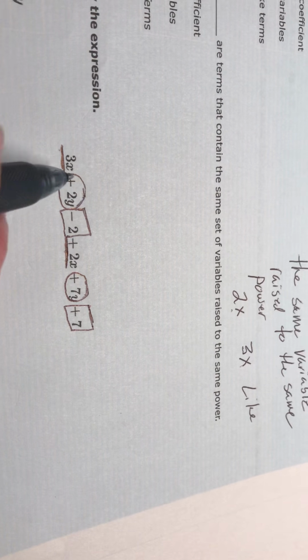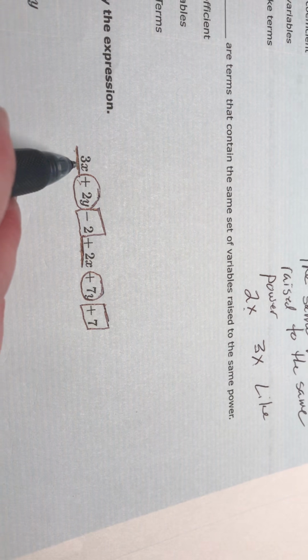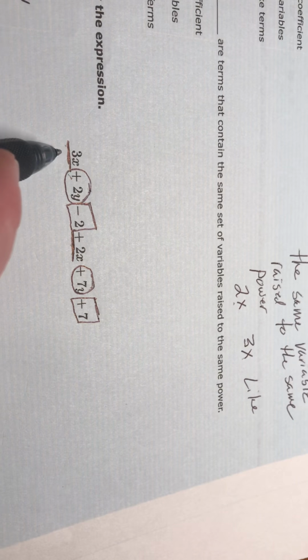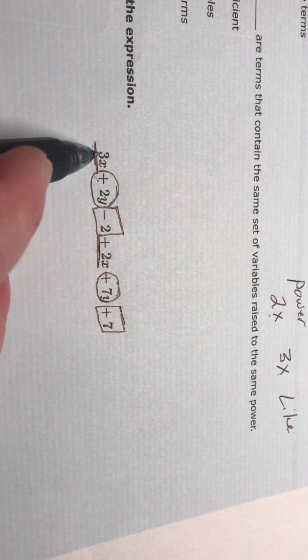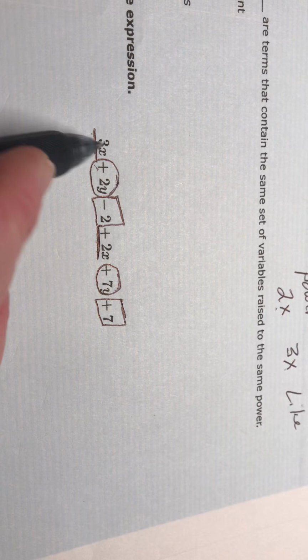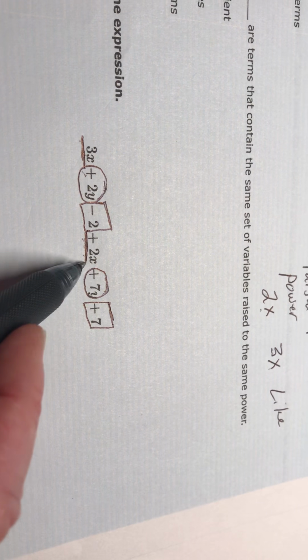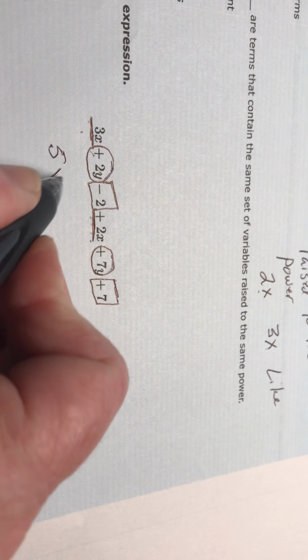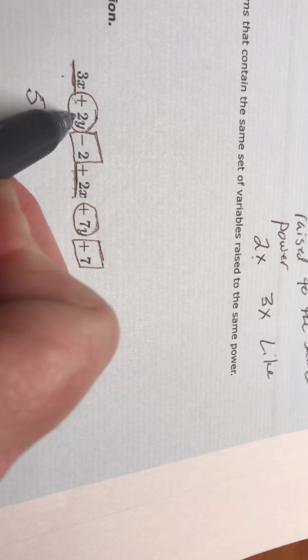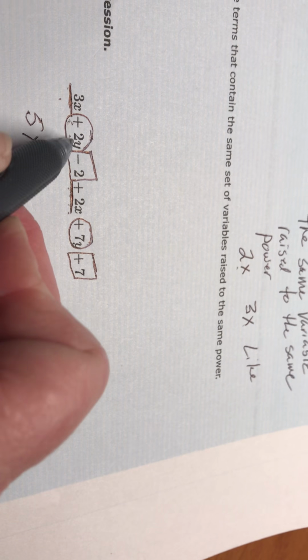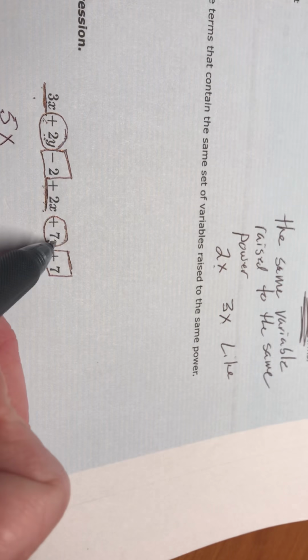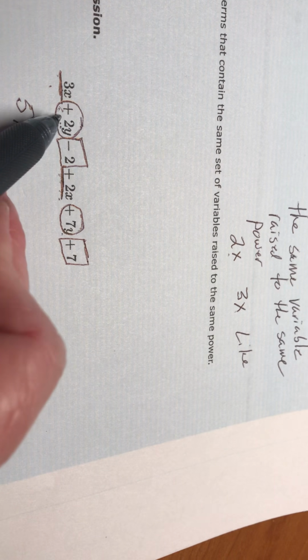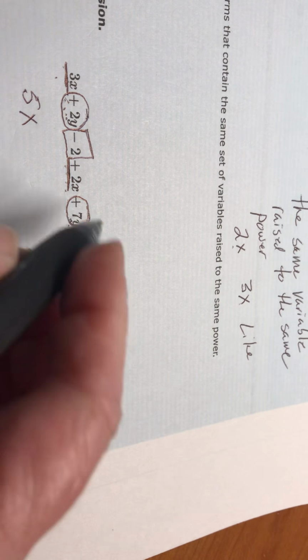All right, now then, combining means add them exactly how they are. So 3x plus 2x, 3 plus 2, 5x. Okay? 2y, a positive 2y, plus a 7y. So 2 plus 7, 8, 9.